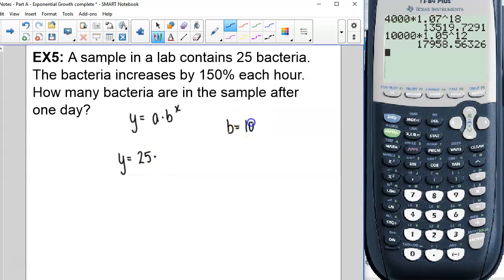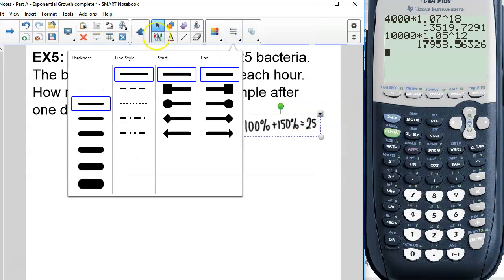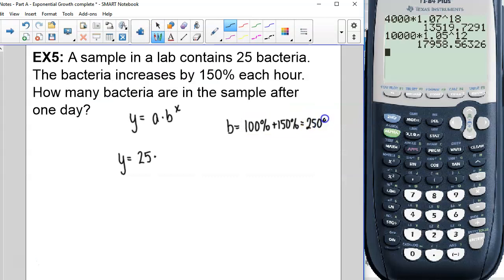But you must do 100% plus 150%, which gives you 250%. Which is 2.5. So we would have to multiply by 2.5 here.